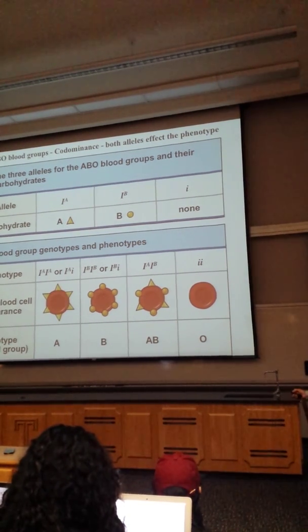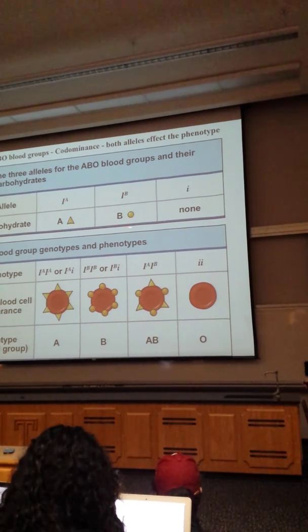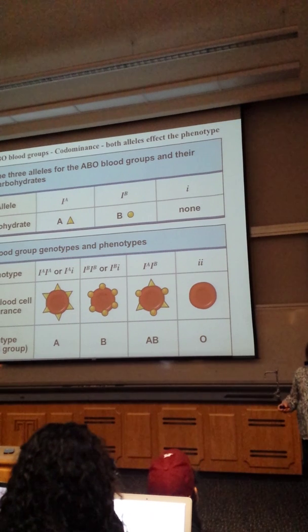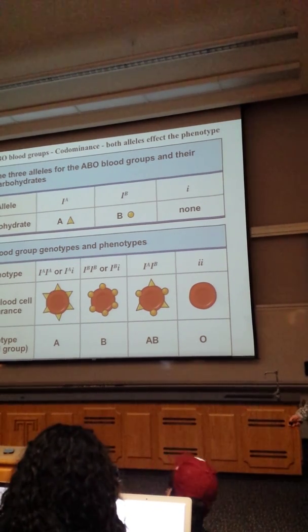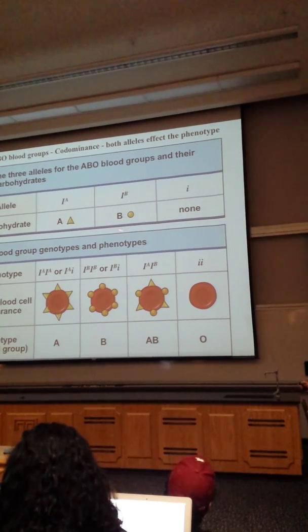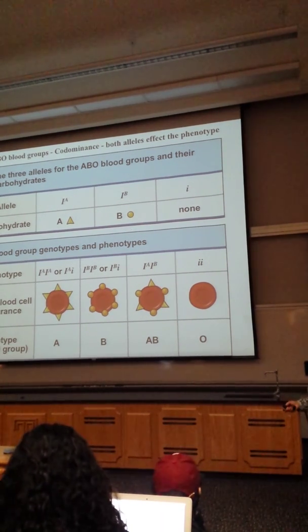So that's the biochemical difference between the A, the B, and the O: the glycosyltransferase that's actually putting carbohydrate chains onto the surface of our red blood cells.